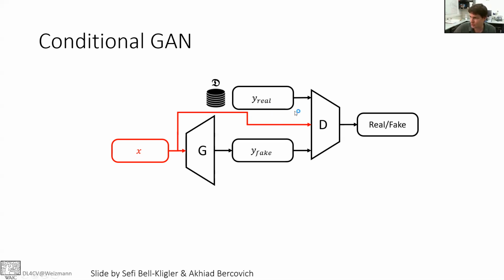It needs to decide whether Y is real according not only to whether it looks realistic, but also whether it matches X. So this is a conditional probability, P of Y given X. This is the value that the discriminator eventually returns.